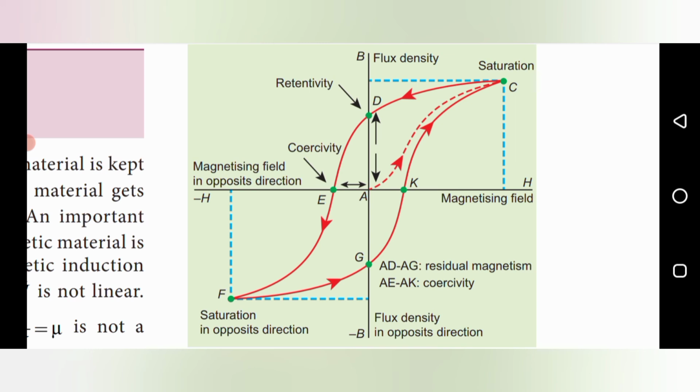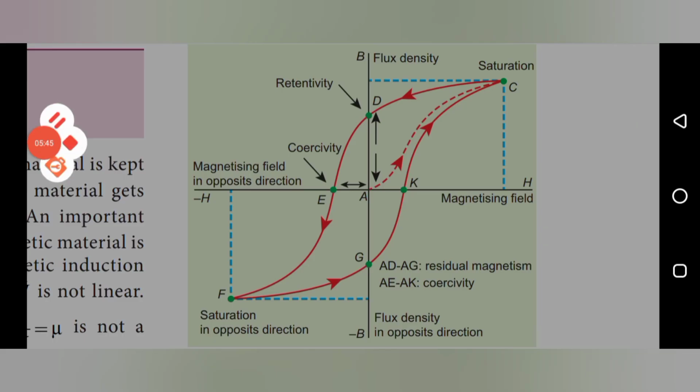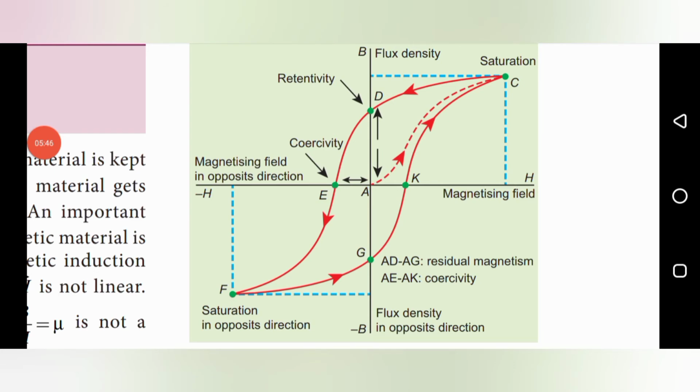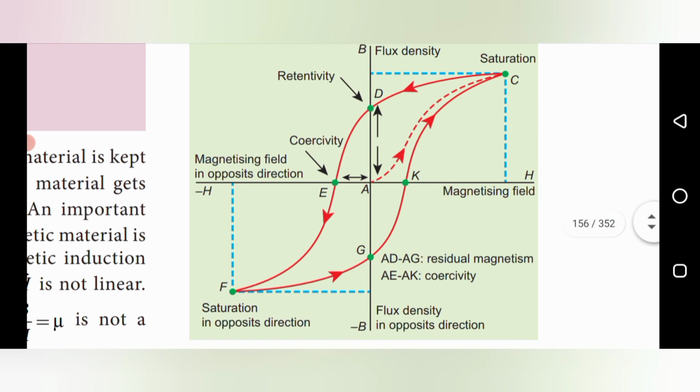Further decreasing the magnetizing field in the reverse direction, it goes on decreasing and attains point F. From E to F, the magnetizing field is decreasing. Then with a further decrease, it attains point G. Then with the decreasing value, it goes to point K. So this loop, from C, D, E, F, G, K, is called the hysteresis loop.